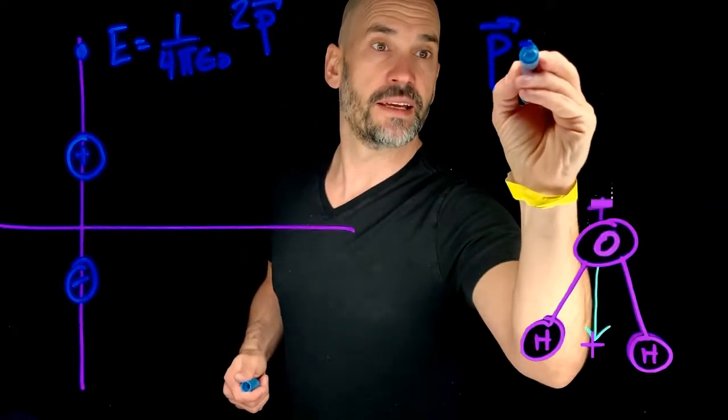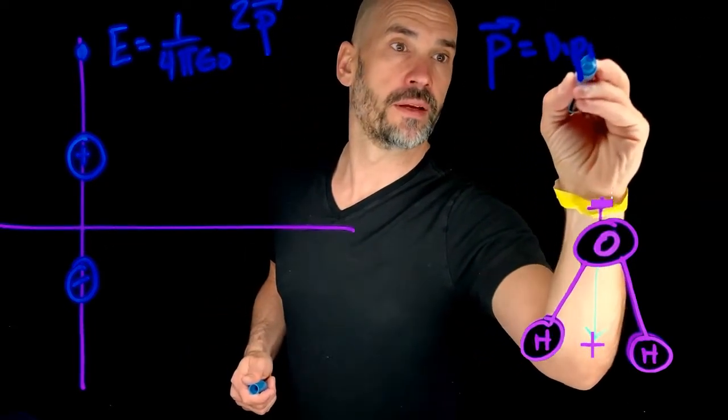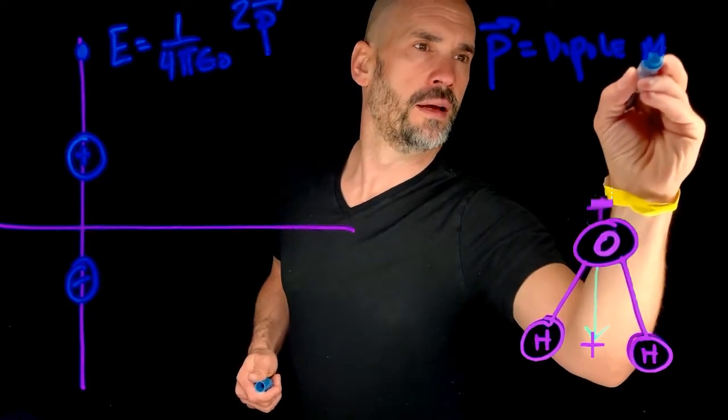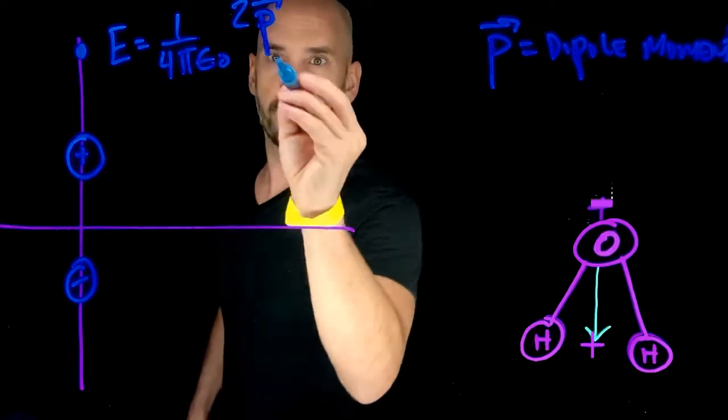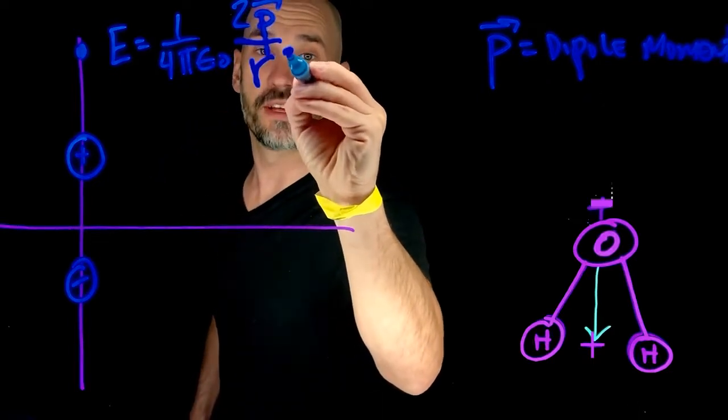So p is equal to the dipole moment. And that's over r cubed instead of r squared.